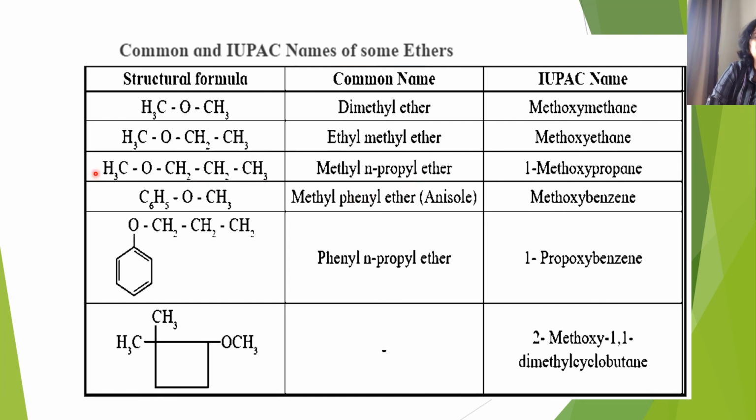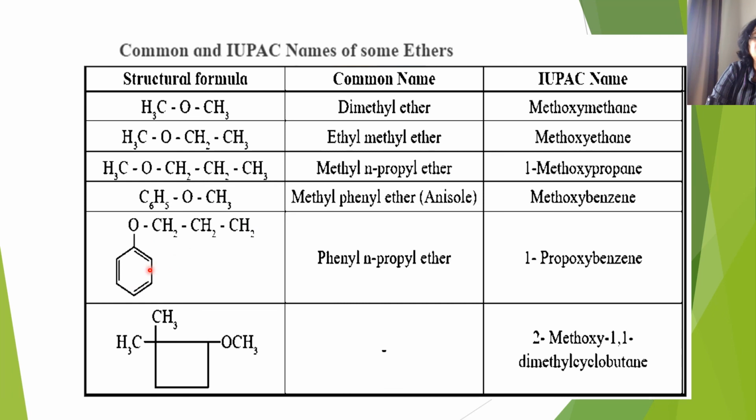Then this one, CH3OCH2CH2CH3. So this will be what? Methyl propyl ether, or we can say 1-methoxypropane. Okay, then C6H5OCH3. This will be methyl phenyl ether. This is anisole, or you can say methoxybenzene. Yeah, then this one, we have a benzene ring, a phenyl group, and the n-propyl.